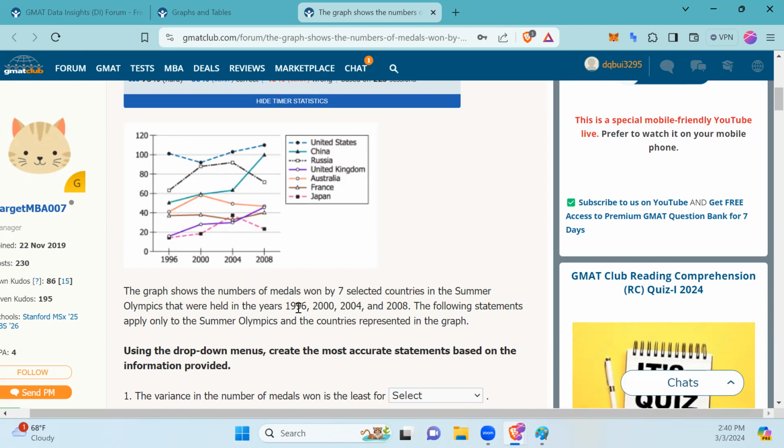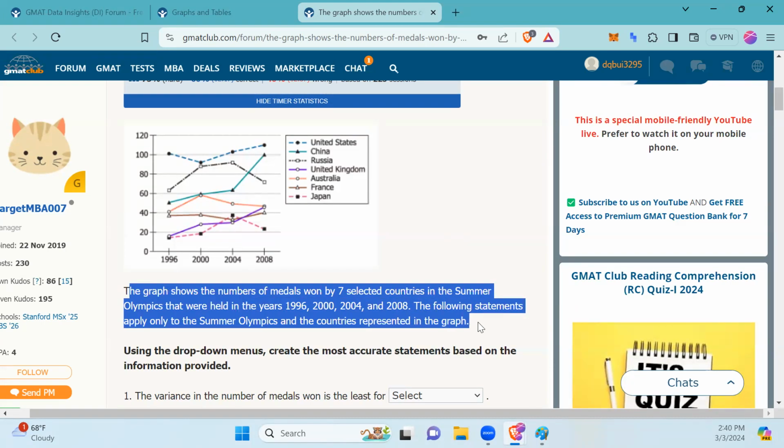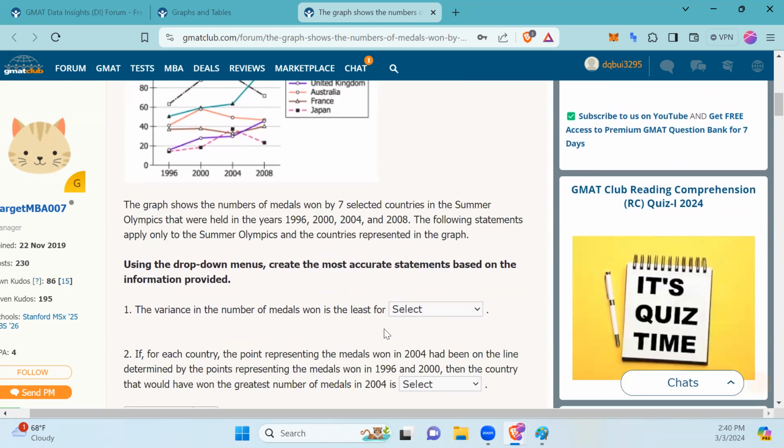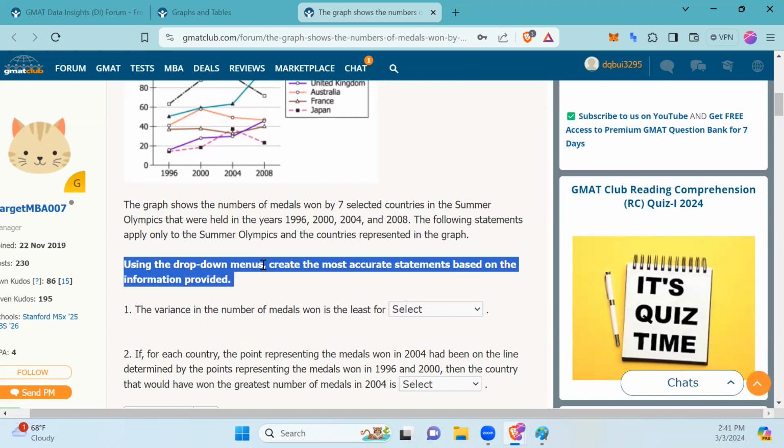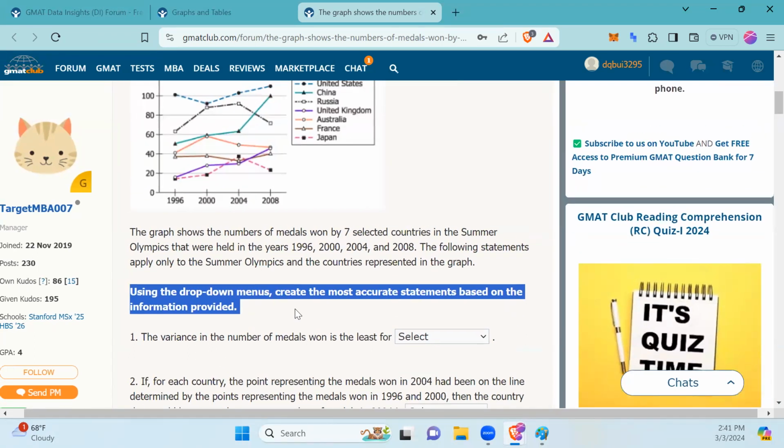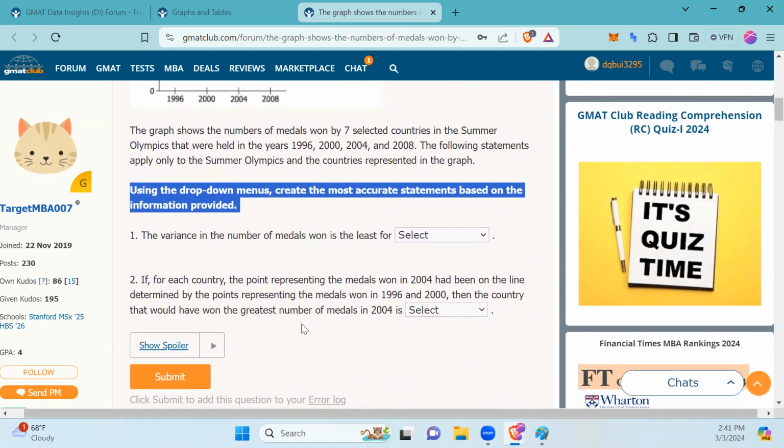Right, 7 countries. Okay, great. And now the problem below is basically just summarizing what we just figured out from the graph. Using the drop-down menus, create the most accurate statements based on the information provided.